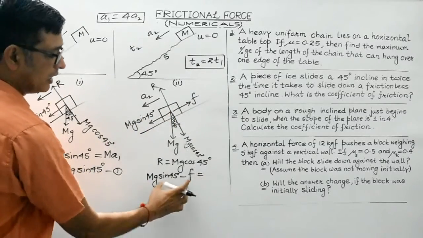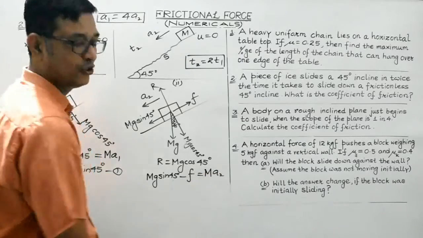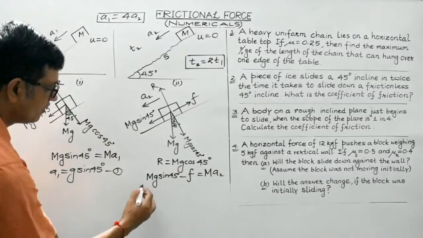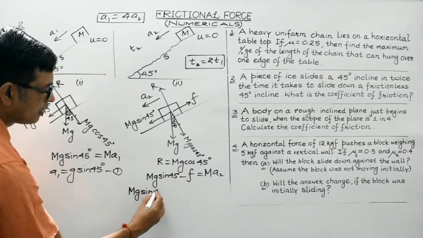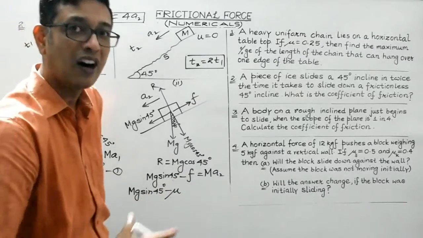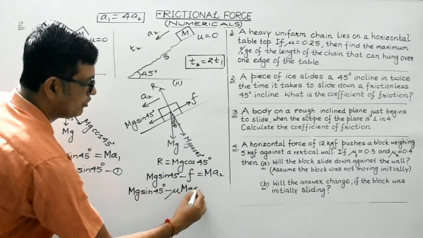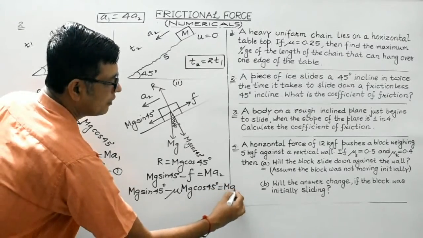Net force is equal to mass into acceleration, and that is m into A2. Now let's substitute the value of force of friction. It's mu R. So it will give us mg sin 45 degree minus mu R is equal to m A2. R is the normal reaction, which is mg cos 45 degree.